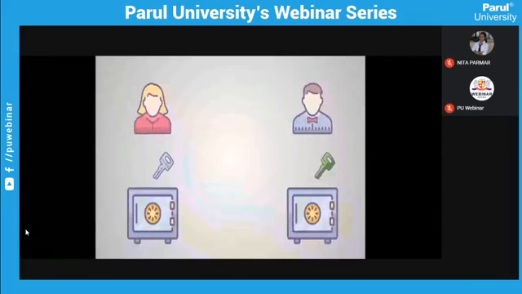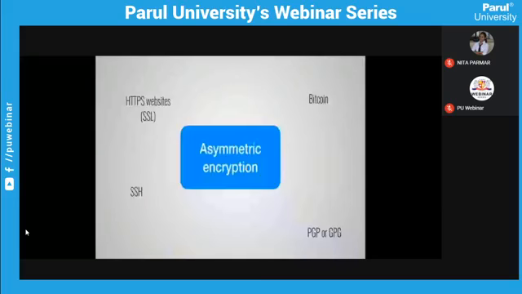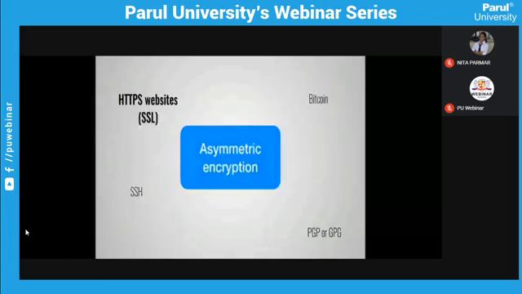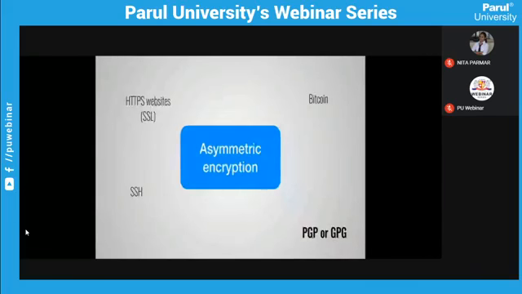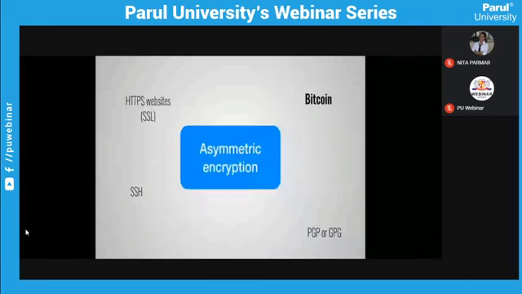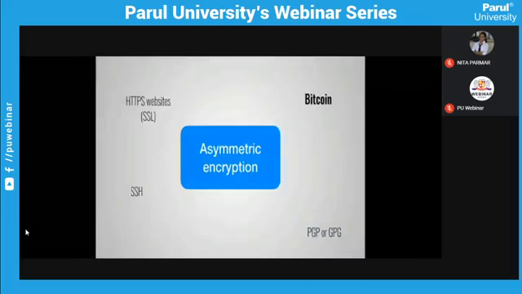Now a hacker will not be able to crack the message. Applications of asymmetric encryption are in HTTPS websites. They are using asymmetric encryption, so in our website surfing, and also in bitcoins, asymmetric encryption is used.